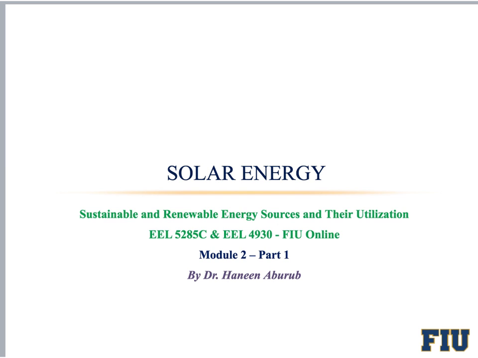By the end of this module, you should be able to identify and calculate the different solar PV related angles, such as the altitude, azimuth, latitude, tilt, and other angles.